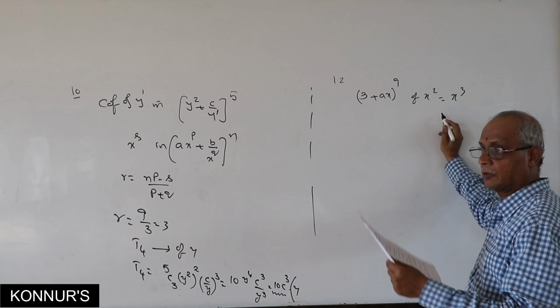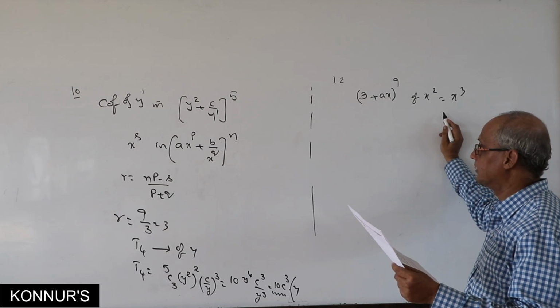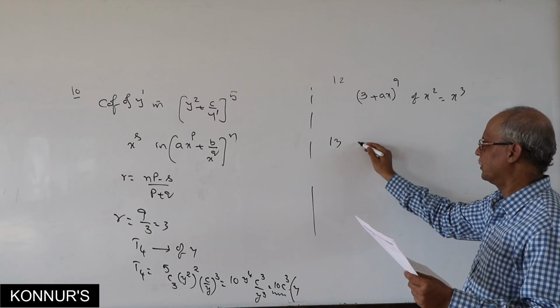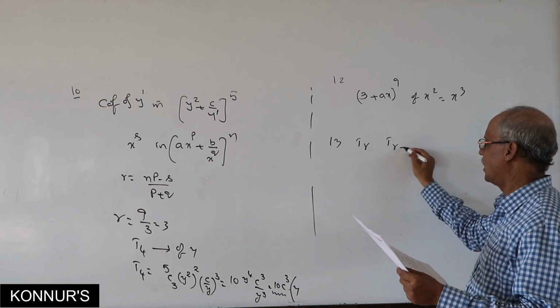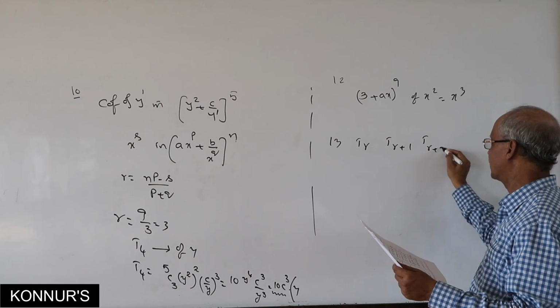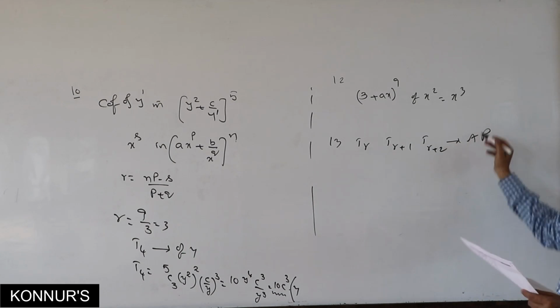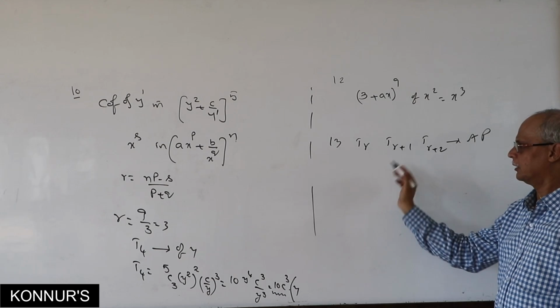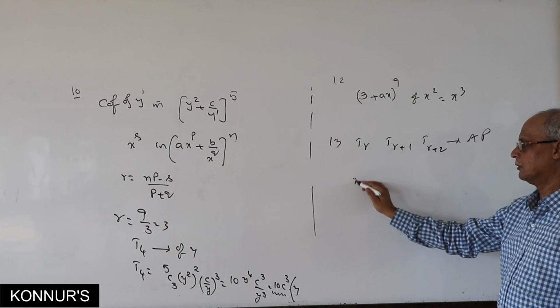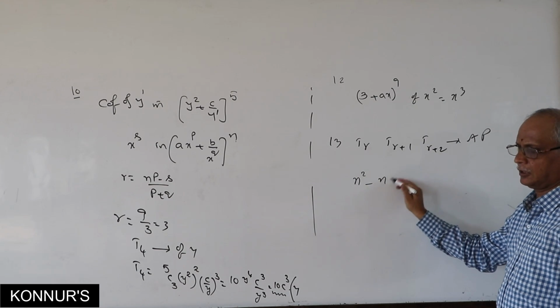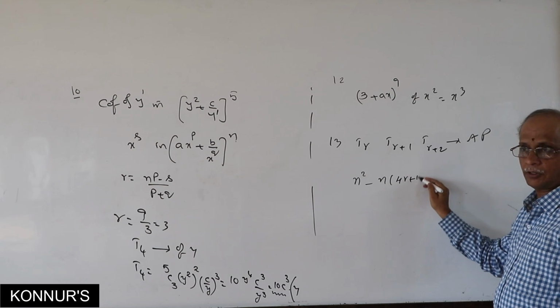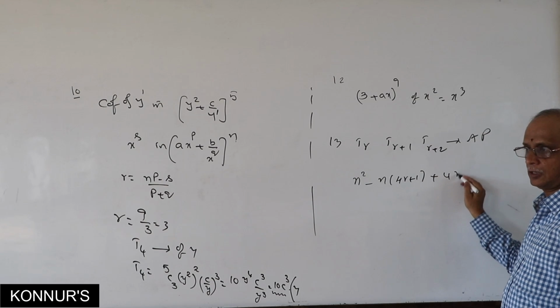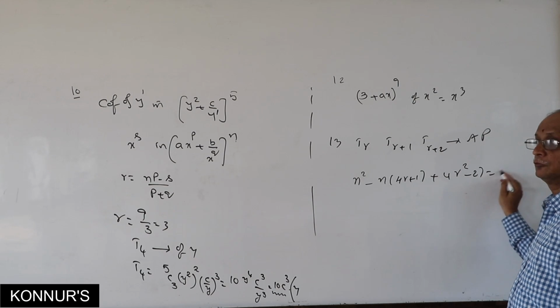When 3 terms are in AP, that is the r, r plus 1, r plus 2 coefficients are in arithmetic progression, what is the formula? Directly, without any solution: n square minus n into (4r plus 1) plus (4r square minus 2).